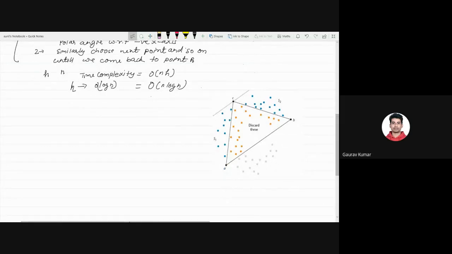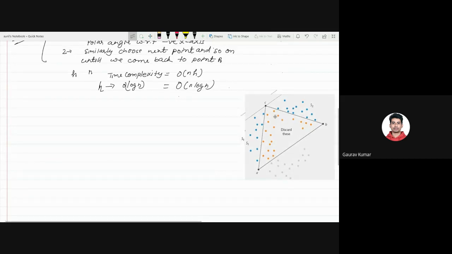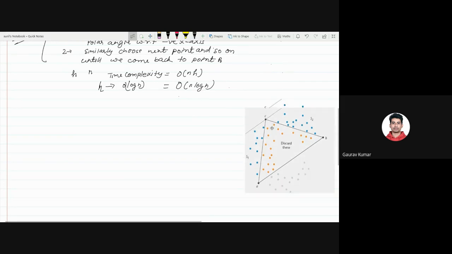Sir, there are a few more terms which we ignored because they are comparatively less than n log n in the time complexity of Graham-Scan. But in this case, there is only n log n. Can you repeat?